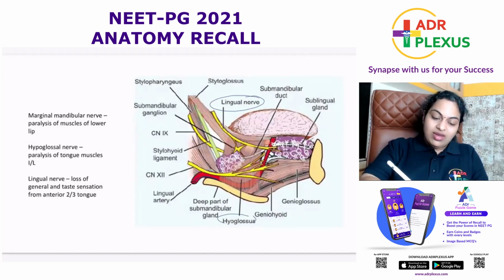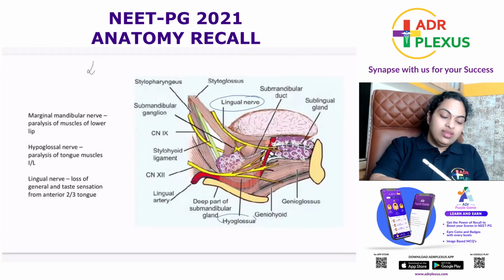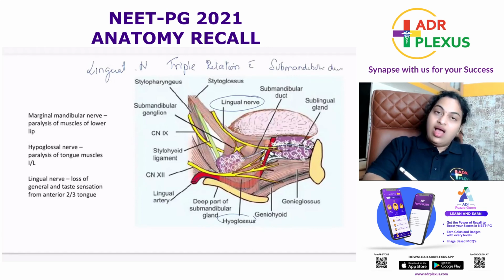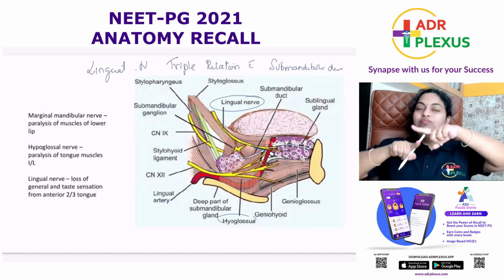Can you make out the submandibular duct here? Yes. So the lingual nerve presents a triple relation with the submandibular duct. Initially, you can see the nerve lying above the duct, lateral to the duct, and then it goes below the duct.